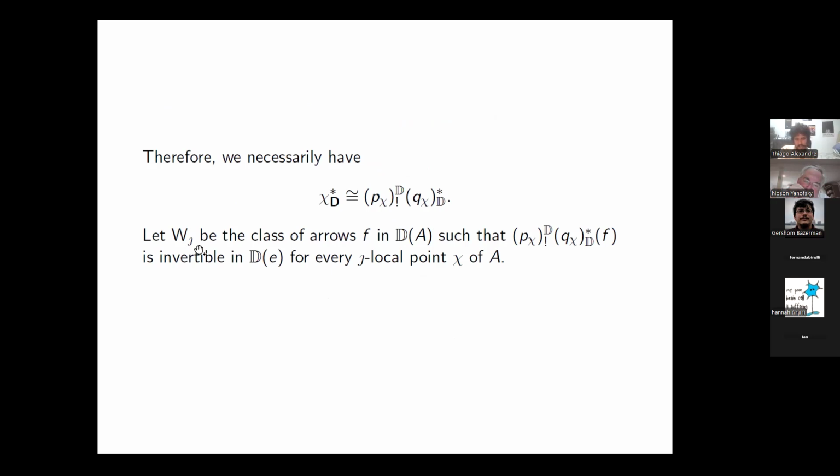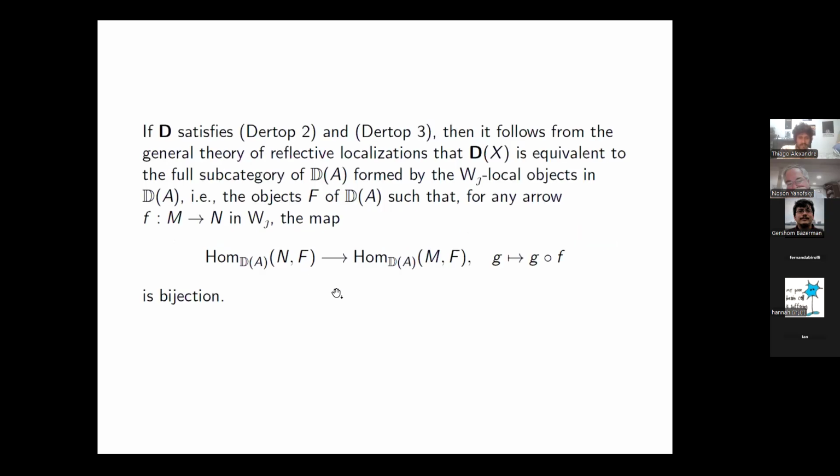Okay, so we can define the class of arrows F in D of A, such that this functor here is invertible at the fundamental category.